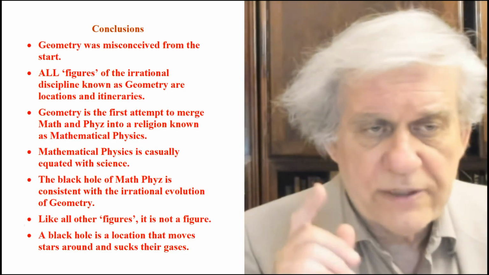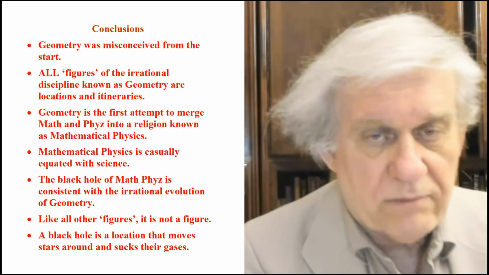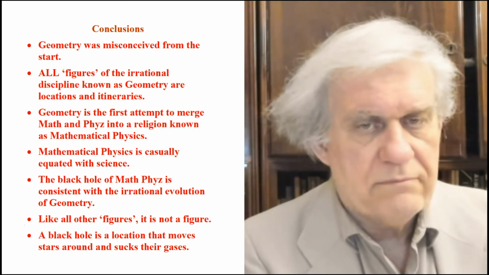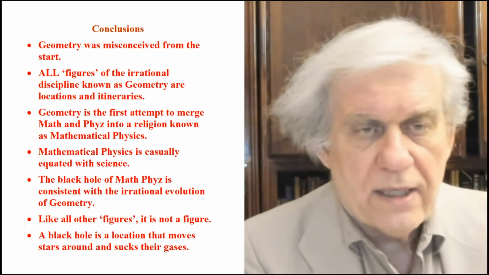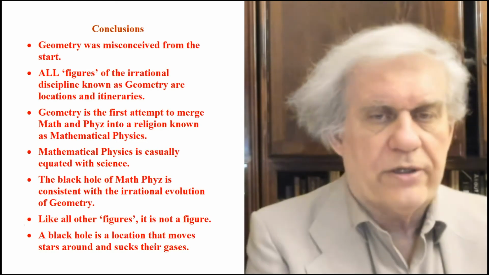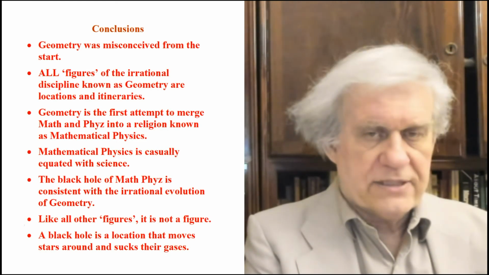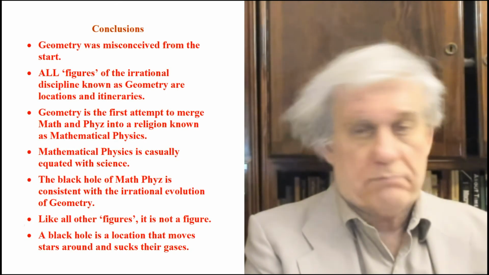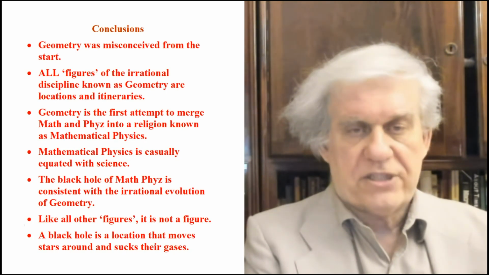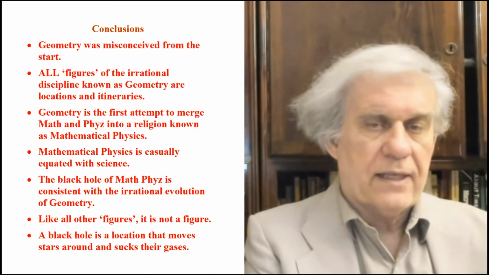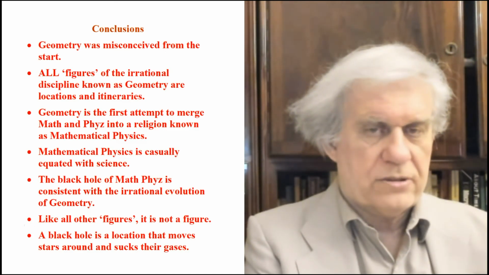All figures of the irrational discipline known as geometry, why is it irrational? Because it has rotten foundations: locations and itineraries. There is not a single figure in all of geometry today that is not a bunch of locations, meaning itineraries. They are not sticks and stones. They are itineraries and locations.